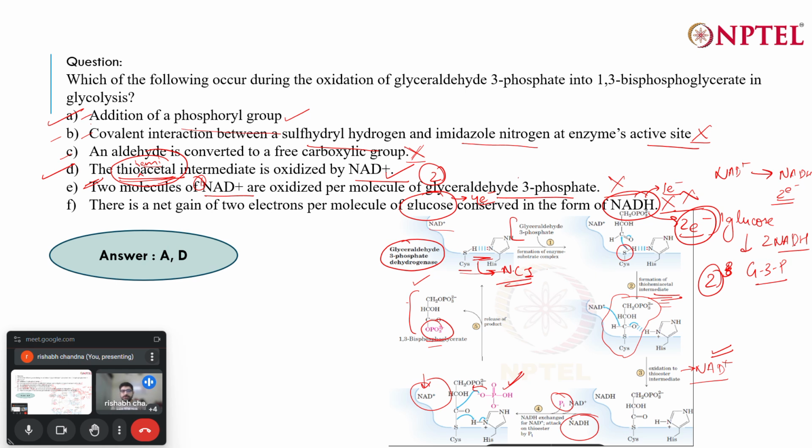That means 4 electrons are conserved in that case, not two, because here per glucose molecule is asked. Okay, yes, someone raised the hand.